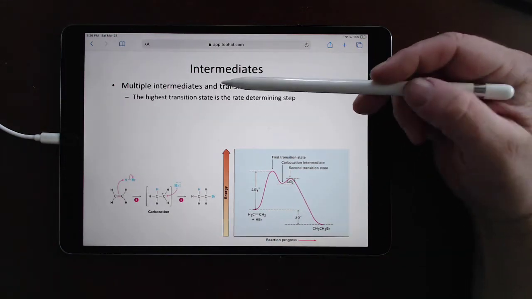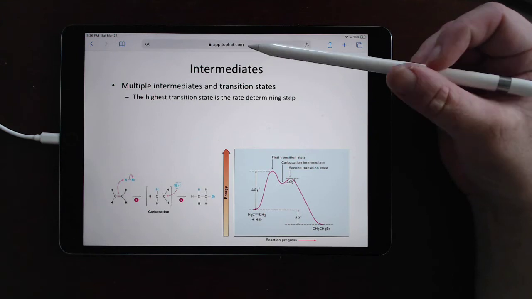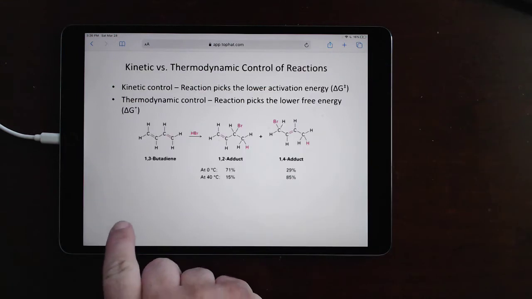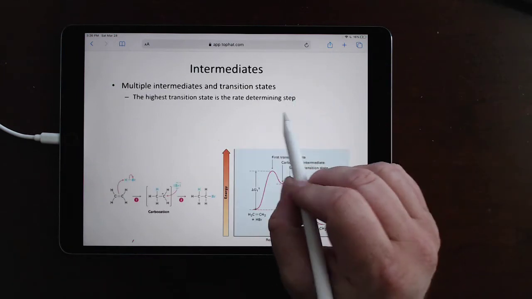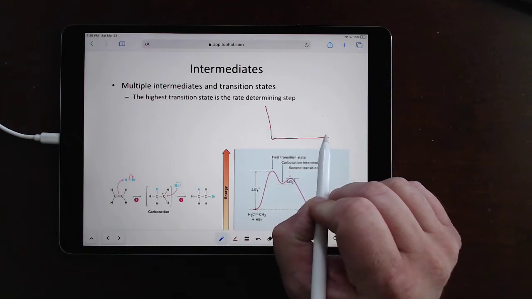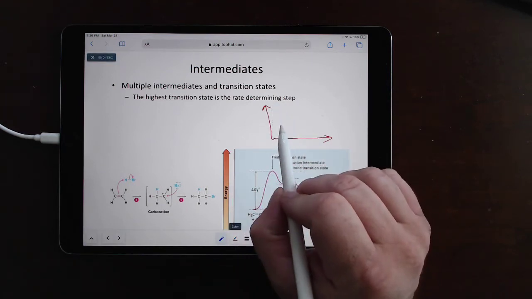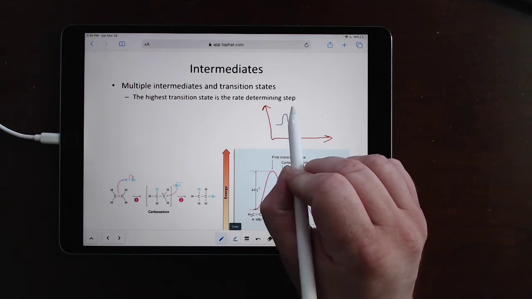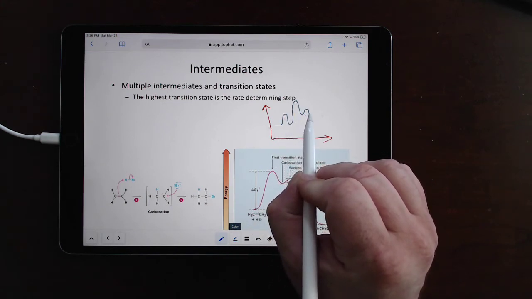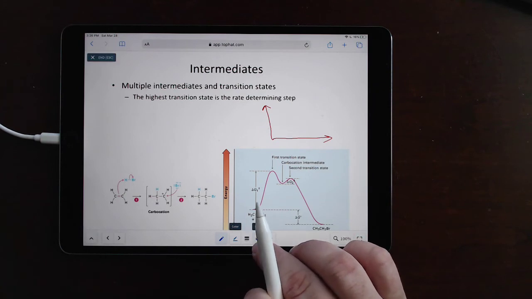So you can have multiple intermediates and transition states. Let me see if you have it. Nope. So you could have a situation where you start here, right? You go like that. Right here, actually.